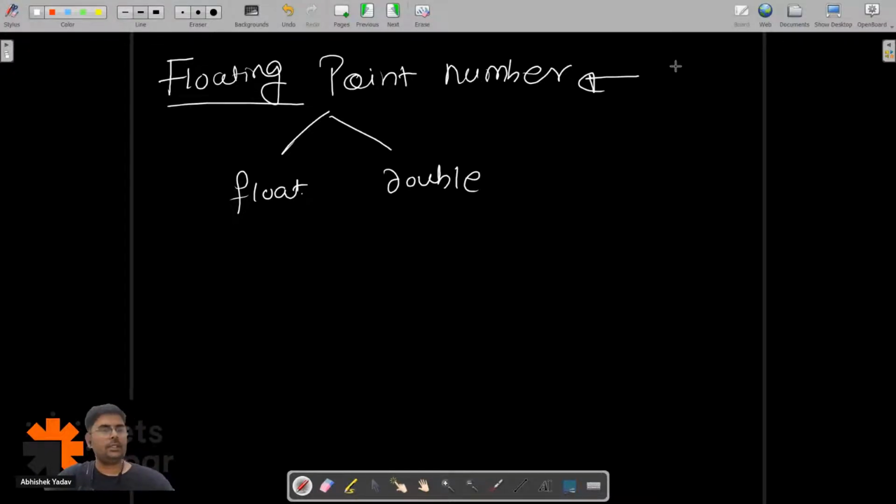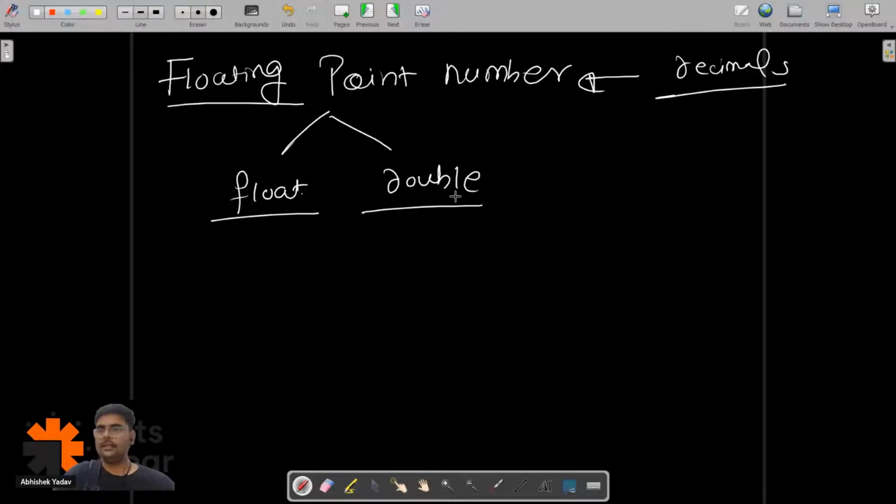That is your number that is having some decimals here. So if I have to store 1.234, how can I store this thing? Float f.